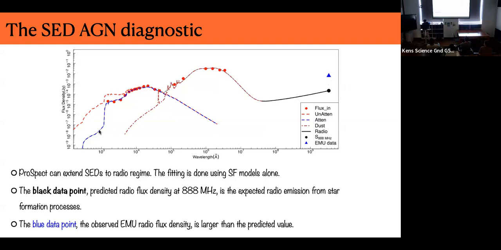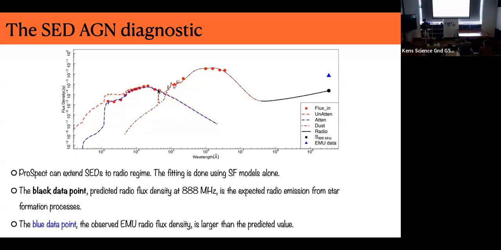For instance, the red line here is the unattenuated stellar light. If there is no dust in the galaxy and stars are emitting, if you pick that up using these models, that will be shown by the red line. And if you introduce dust, it will attenuate this light, and that resulting emission is the blue dashed line. And this difference, the attenuation done by dust, that is re-emitted in the infrared, is shown by the brown dot-dash line.